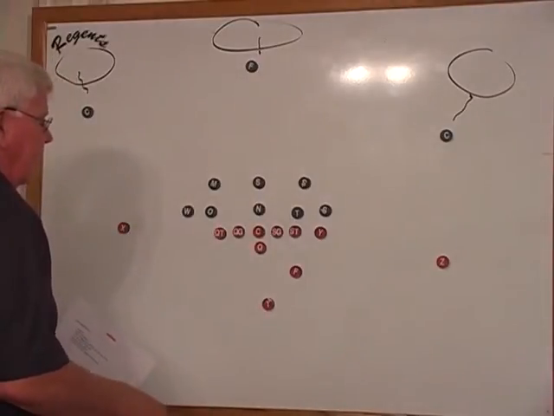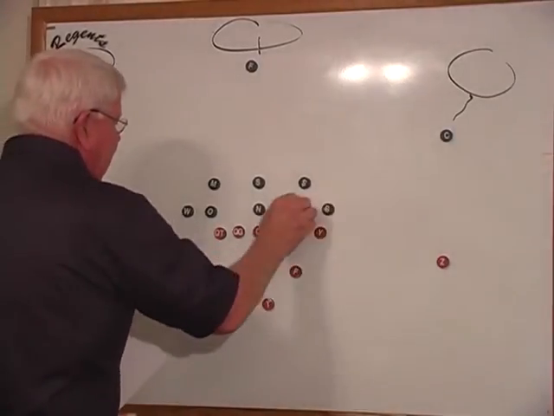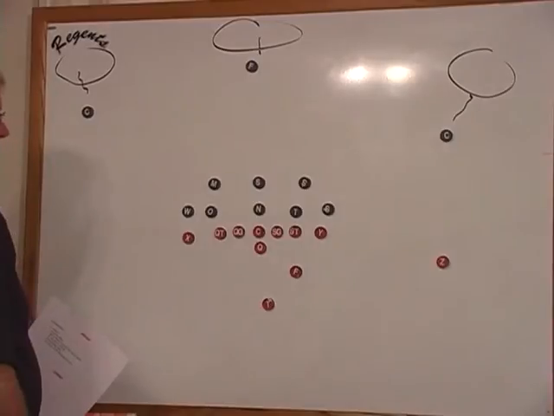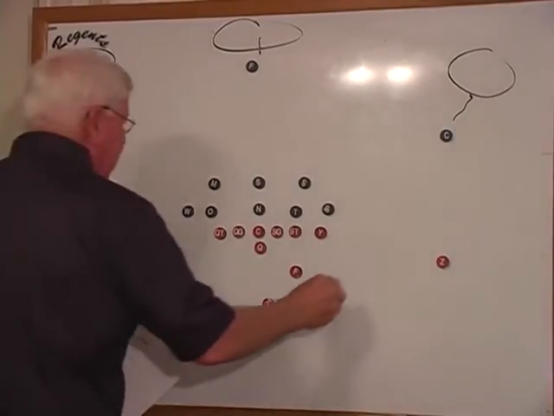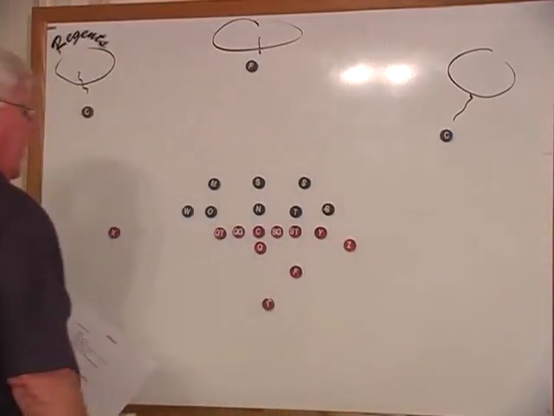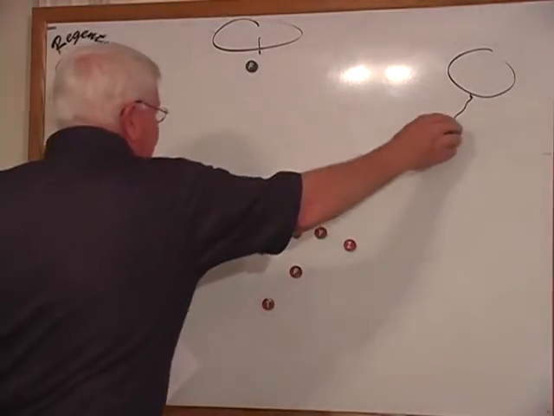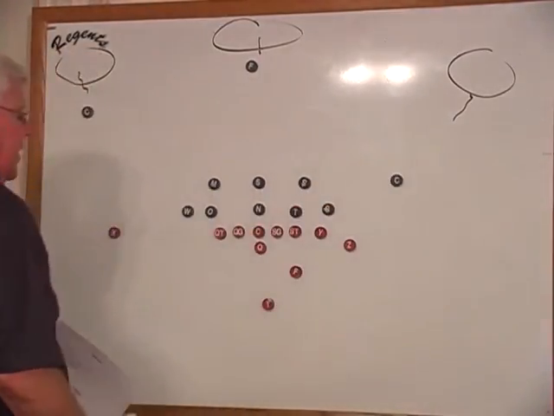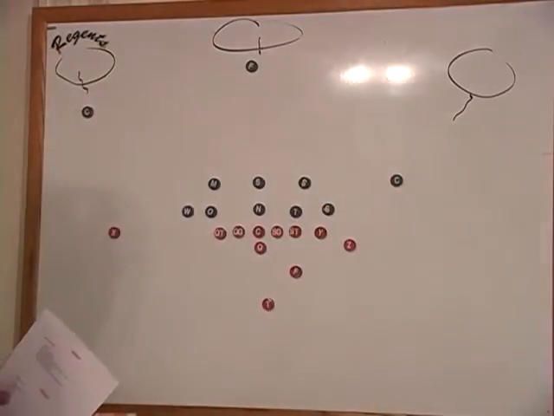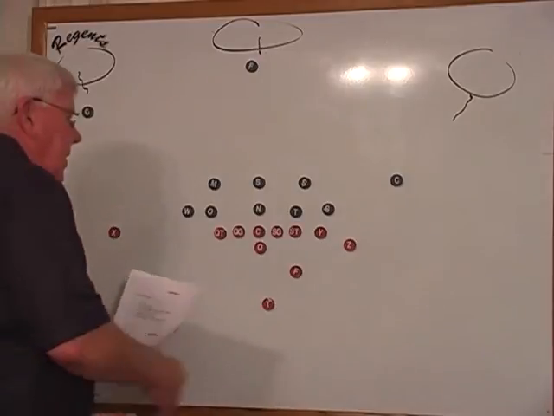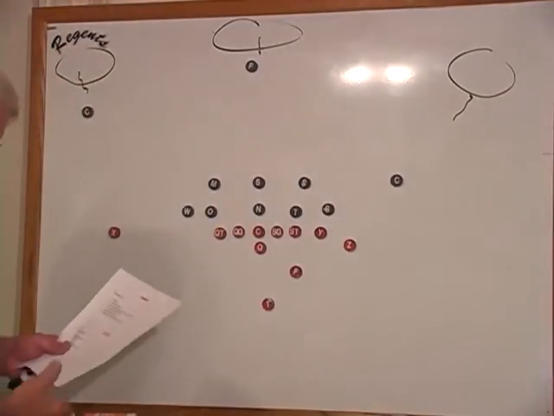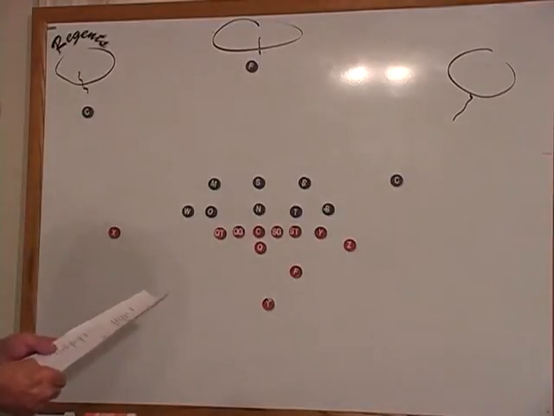In this particular case, this is where we may want to bring an extra guy in here so we can block this edge, or we may want to bring an extra guy in here. They're going to do something like this, but this guy is not really a box type of defender, and if he is sticking his nose in here, then we can get out in there.